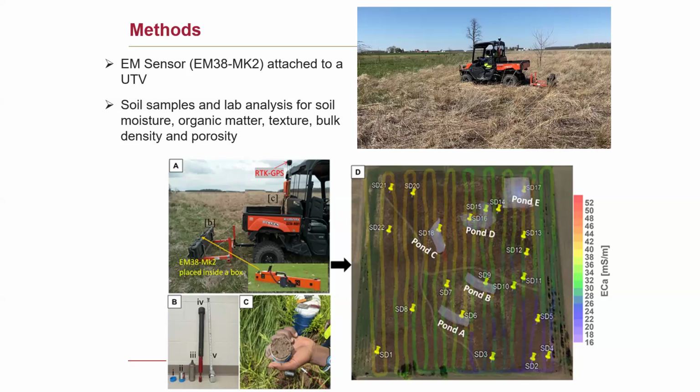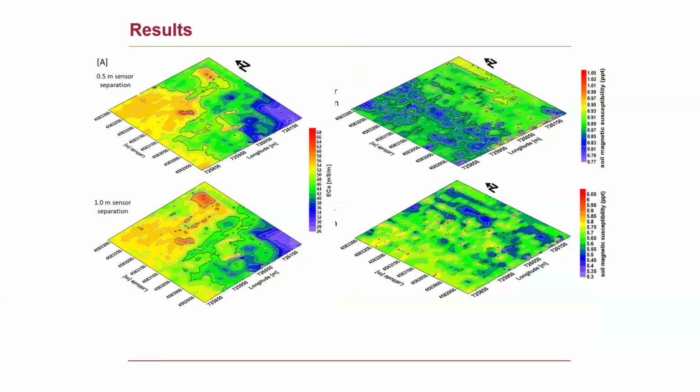Our goal is really to compare what the geophysicist is seeing and the properties that we measure in the lab. If there is a relationship that is strong enough, then we should be able to use geophysics or electrical imaging in this context as a proxy for predicting the spatial distribution of these soil properties.